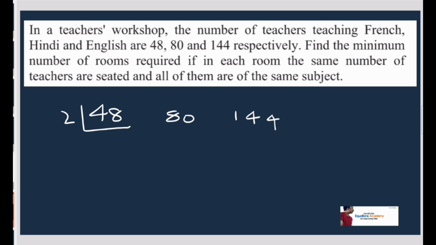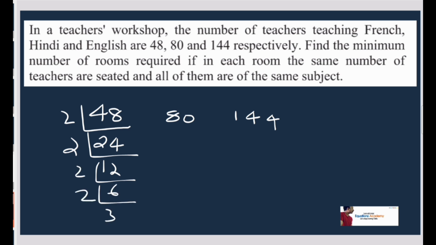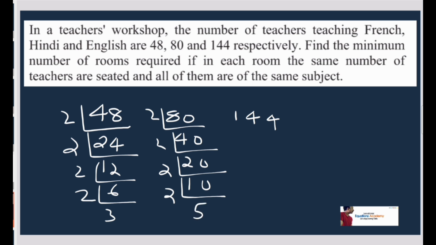48 divided by 2 gives 24. Again 2, we get 12. Again 2, we get 6. Again 2, we get 3. And when we go to 80, 80 divided by 2 is 40, then 2 it is 20, again 2 it is 10, again 2 we get 5.